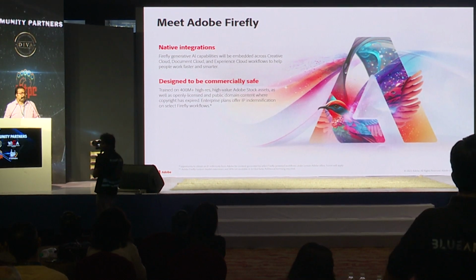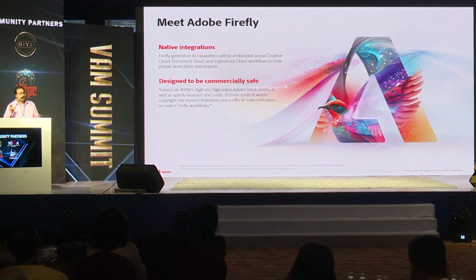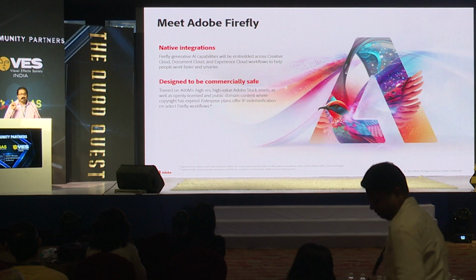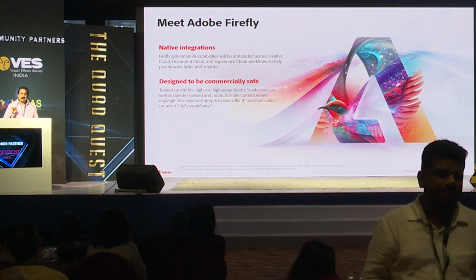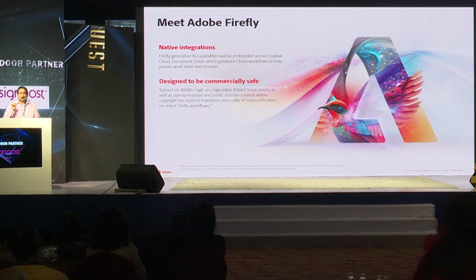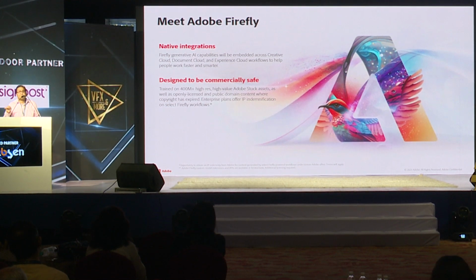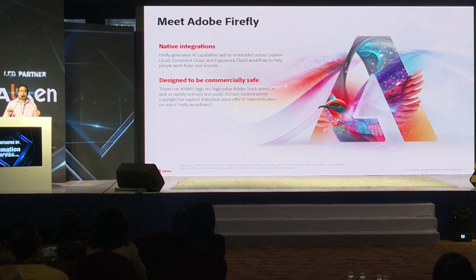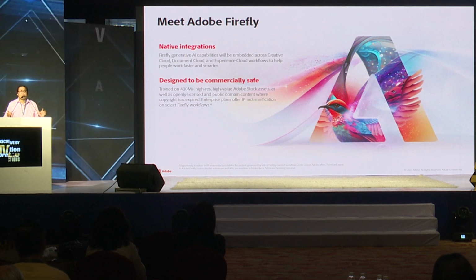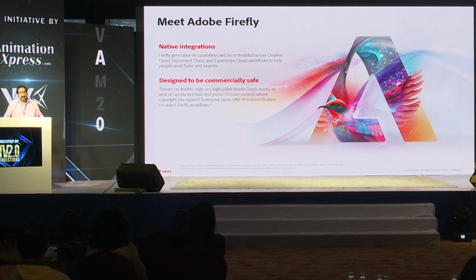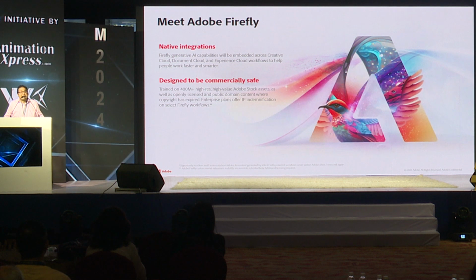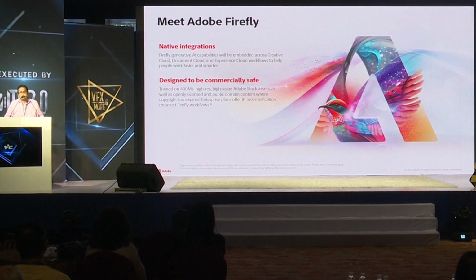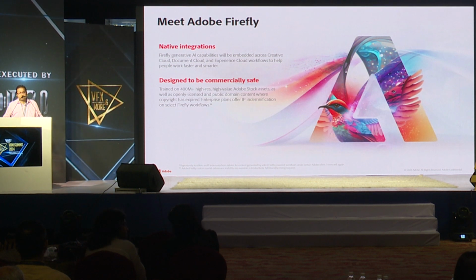We have also trained Adobe Firefly on data which is available in the public domain on the internet, but it is not owned by anyone, it is not copyrighted by anyone. Which means that whatever output it creates is free from any legal implication, any copyright infringement. With peace of mind, you can publish that artwork with Gen AI output in any of your projects. And on top of that, with certain plans, we will give you indemnification on the AI generated content. Adobe will indemnify you if something happens with that particular output.